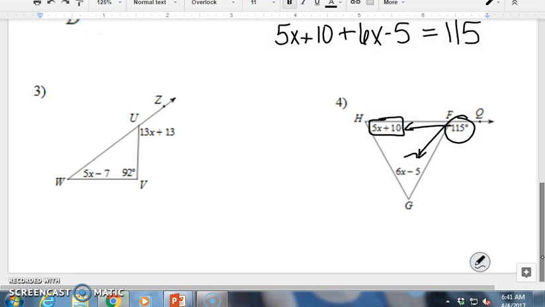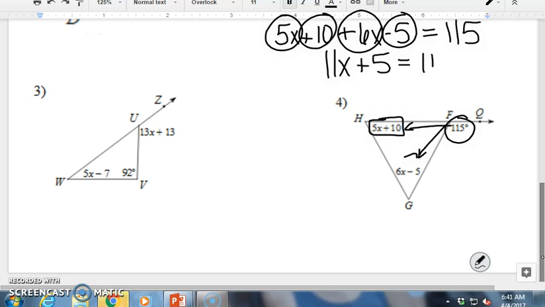I combine like terms. So I get 11x. Be careful because sometimes the numbers are going to be negative. So you should have got plus 5. Subtract the 5 over. I get 11x equals 110. 110 divided by 11.